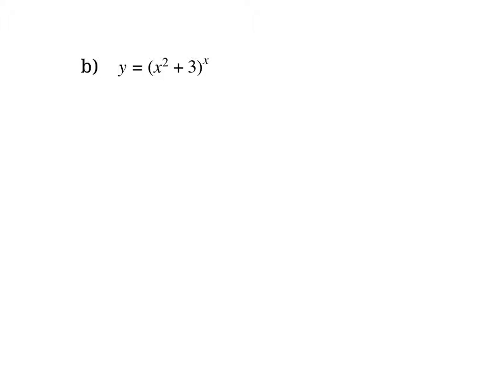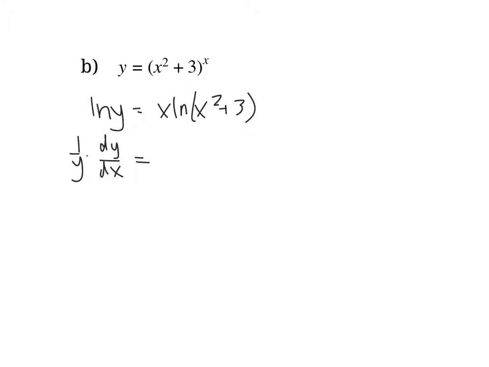And the way we bring it down is by taking the ln of both sides, because we're just going to end up with x ln x squared plus 3. Right? So again, taking the derivative of the left side is going to be 1 over y times dy by dx equals, and we're going to have to use our product rule here, right?